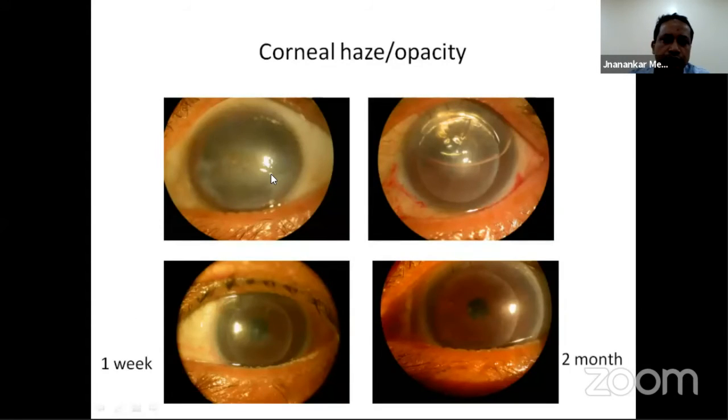Here's a patient, an old Fuchs, neglected Fuchs with cataract, for which there was a central corneal opacity, as you can see here, for which I did a phaco plus DSAEK, but this corneal opacity slowly started to fade away with time. But there can be other cases with even deeper opacities and vascularization where DSAEK may be difficult.